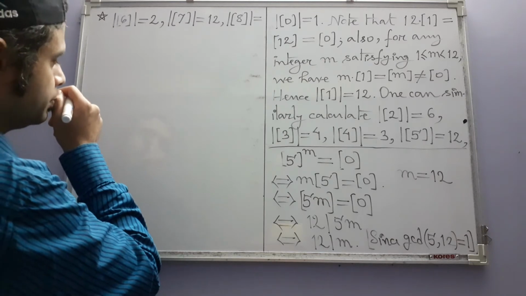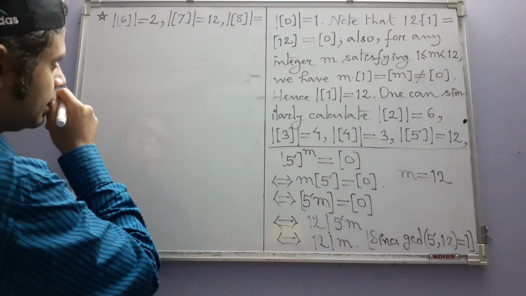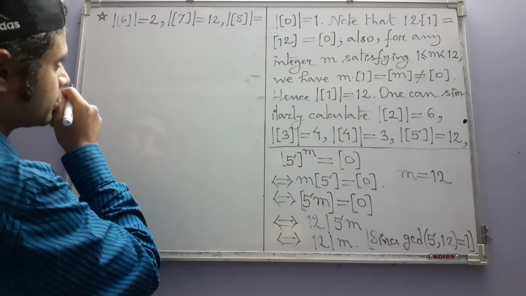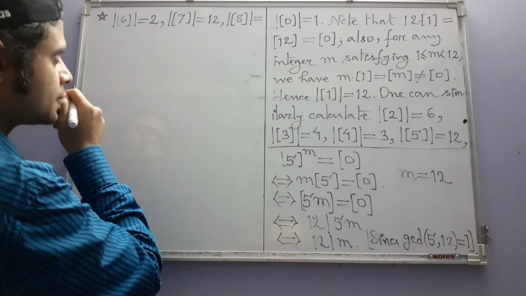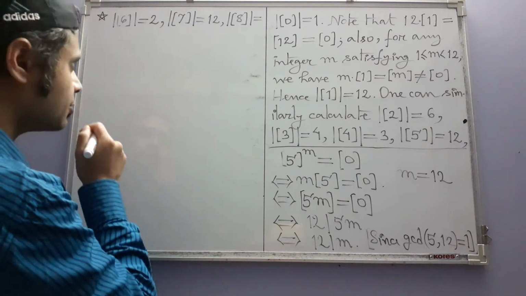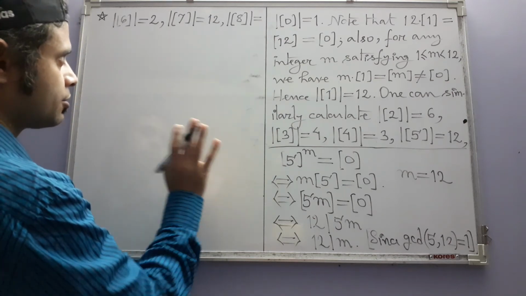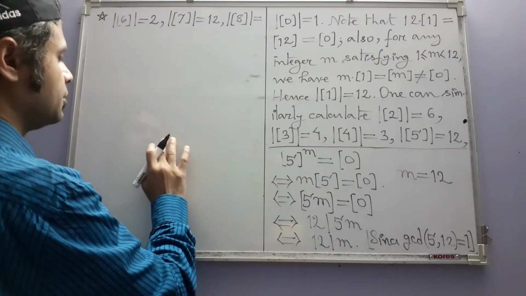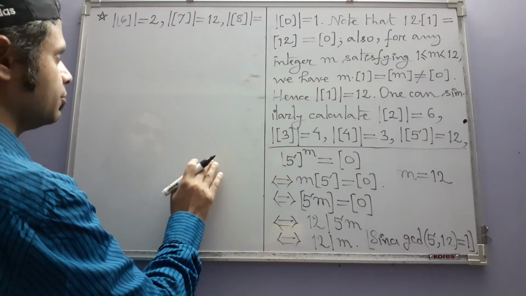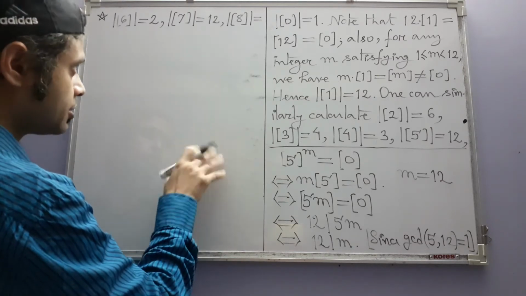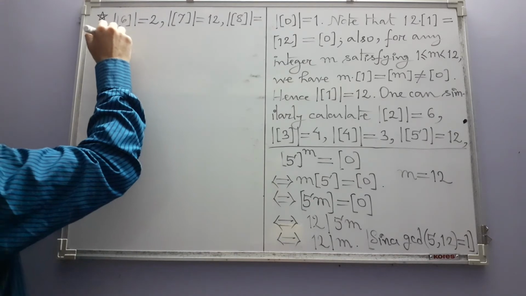This one will be 8. Okay, so 8 times 2 is 16, 8 times 3 is 24. 16 is not the congruence class 0, but 3 times 8 is 24, and the congruence class 24 is equal to the congruence class 0. So this is 3.